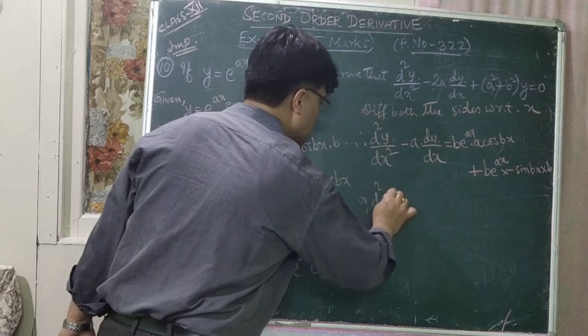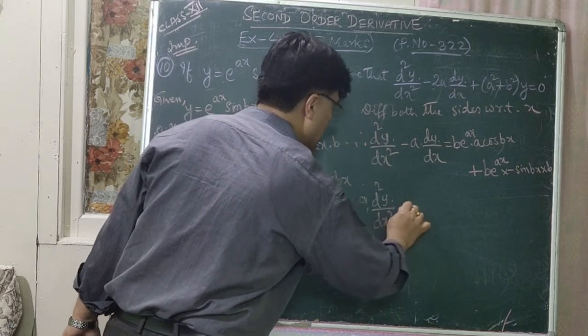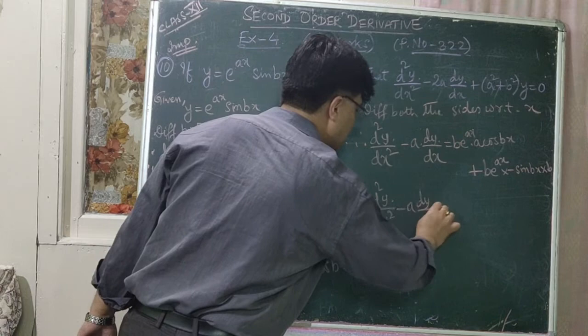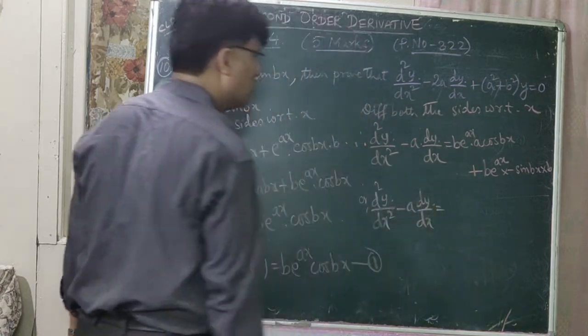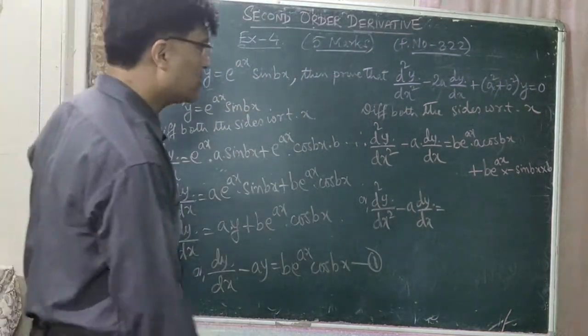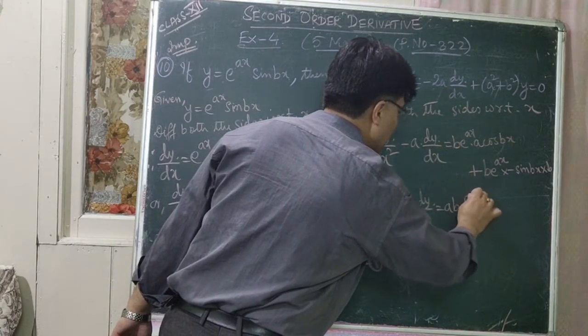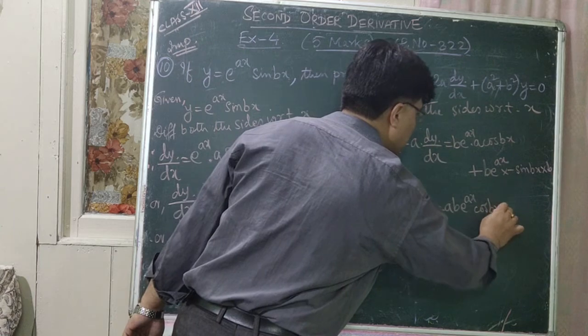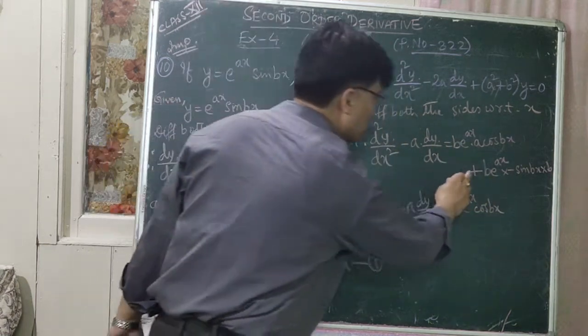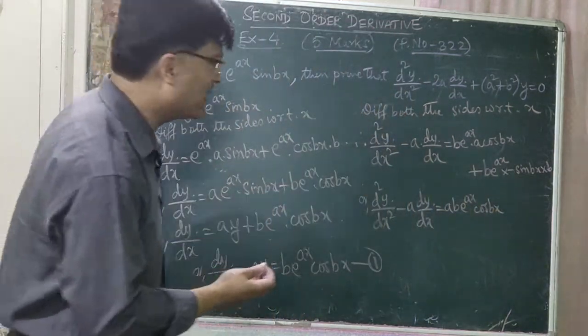So let's simplify it now. This is d2y by dx square minus a dy by dx, which is equal to, now in this case let us write a first. a b e to the power ax into cos bx. Is that clear? So plus into minus is, you know, minus sign.